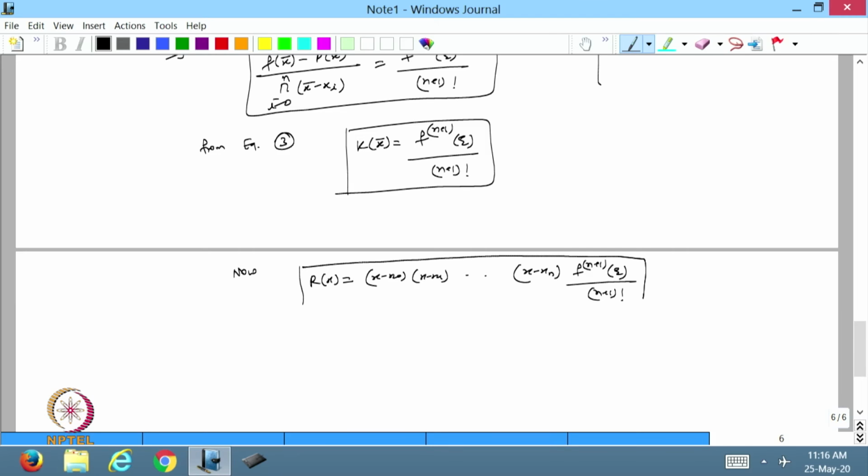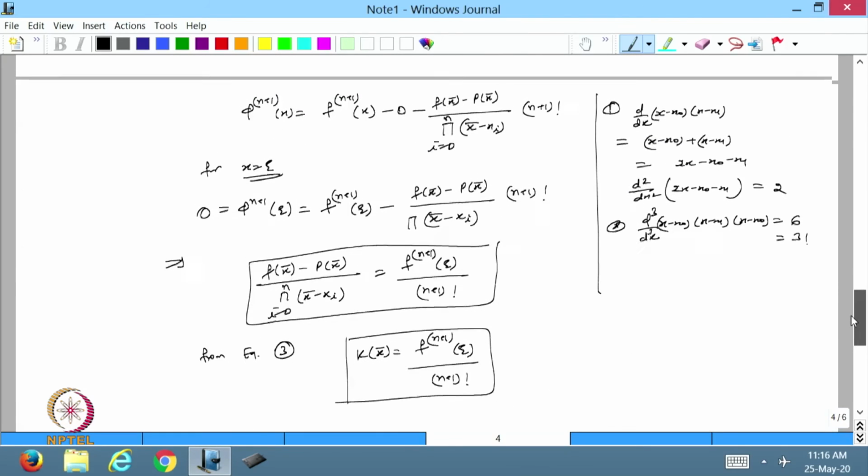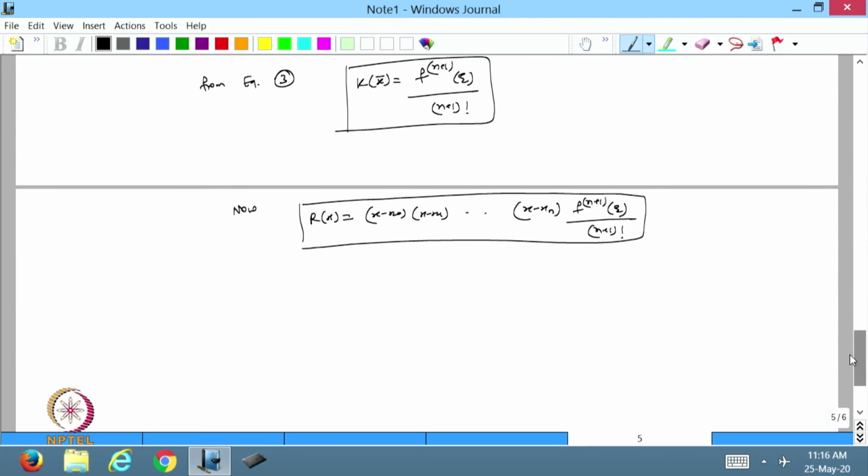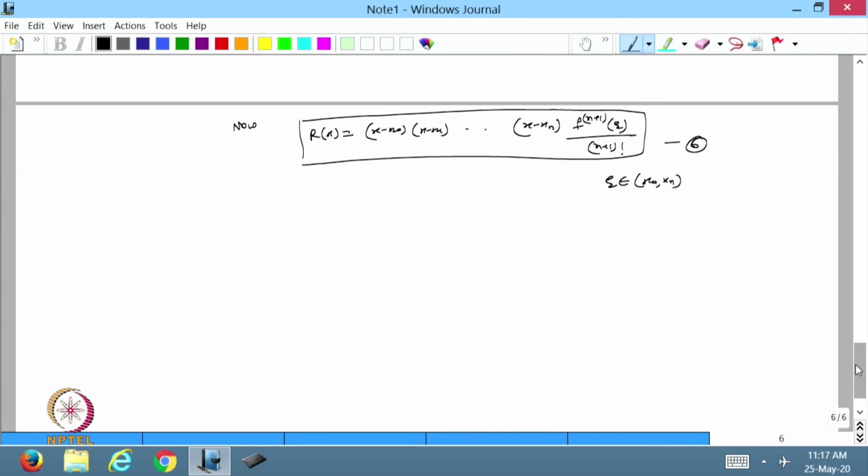So this is the error, which I can call equation number 6, where xi belongs to [x0, xn], so any value between x0 and xn. So this is my error.